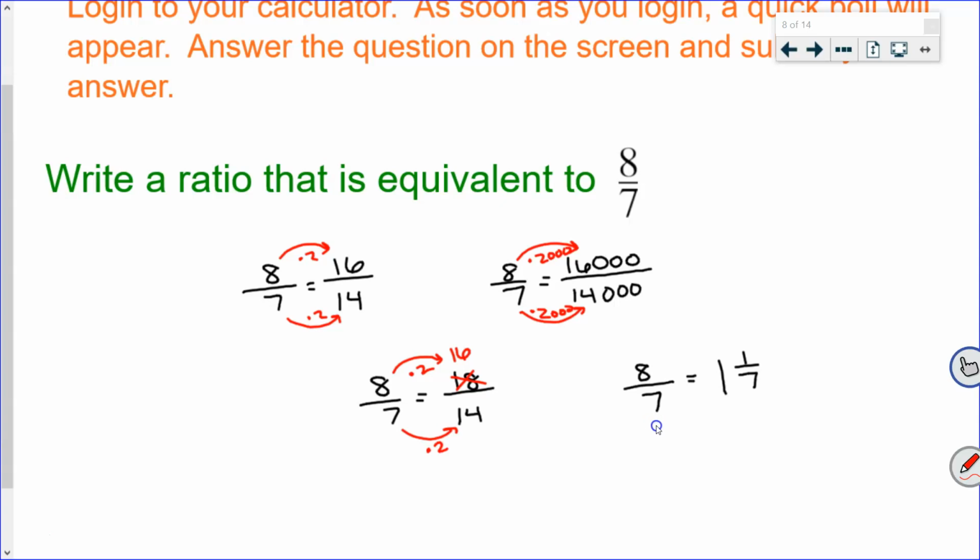Exactly. They treated this like a fraction, and that's why I've always been careful to say they're like fractions, right? And fractions you can turn into mixed numbers. However, this should be handled like a ratio, and ratios need to stay ratios. This question was not saying write something that is equivalent to the fraction 8/7.